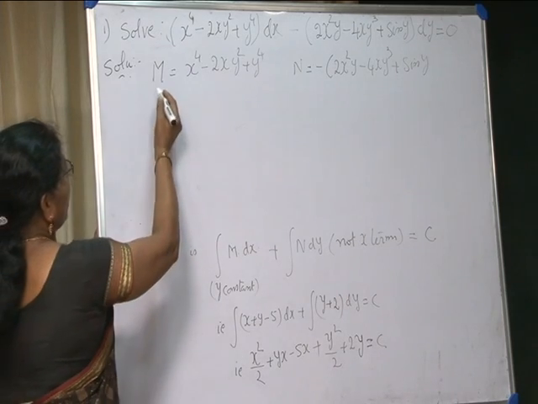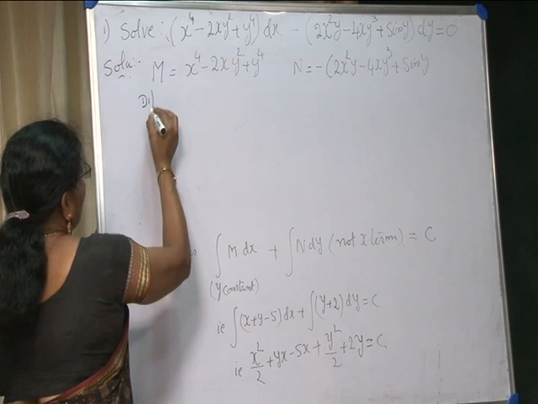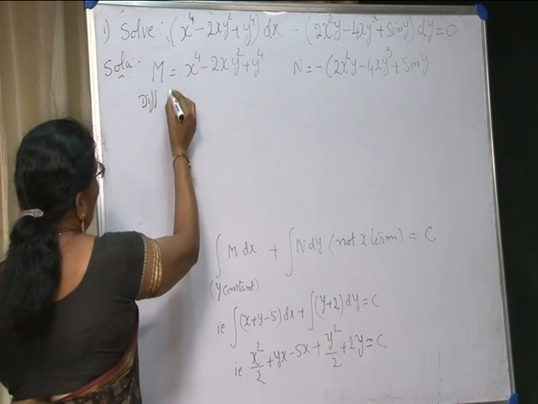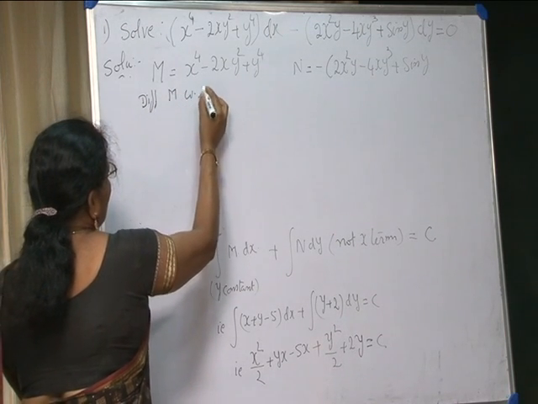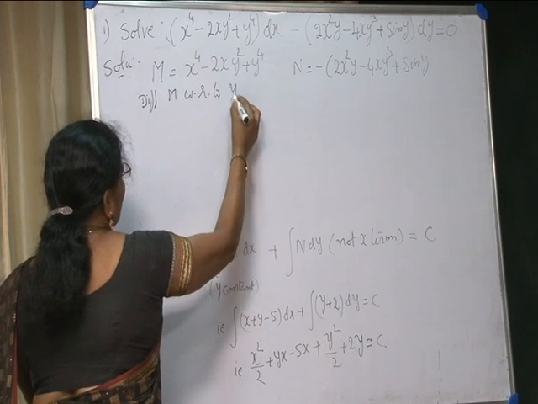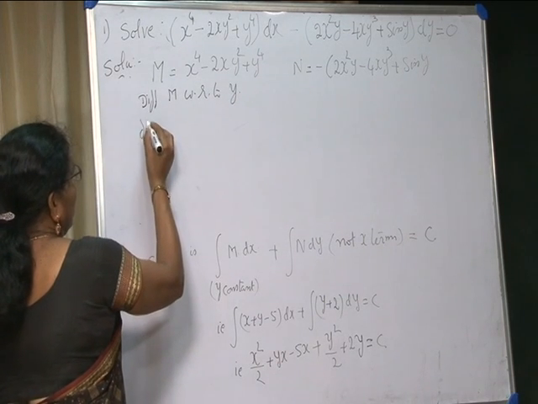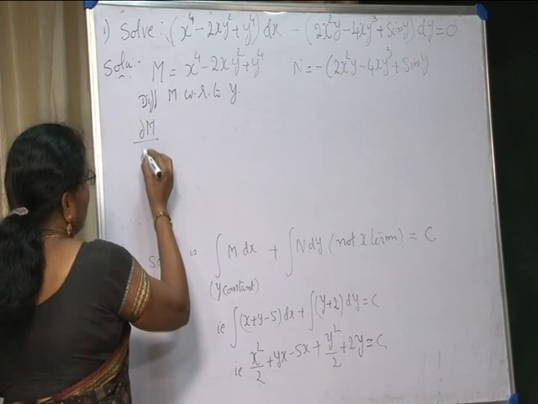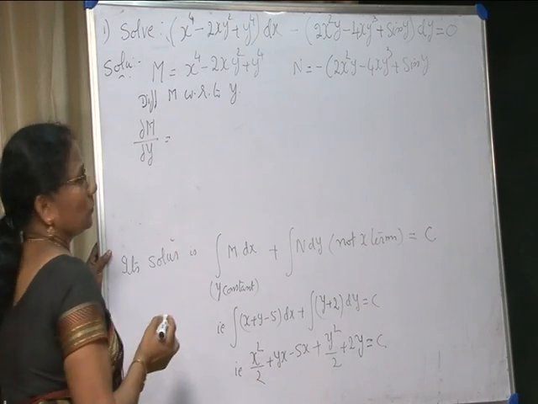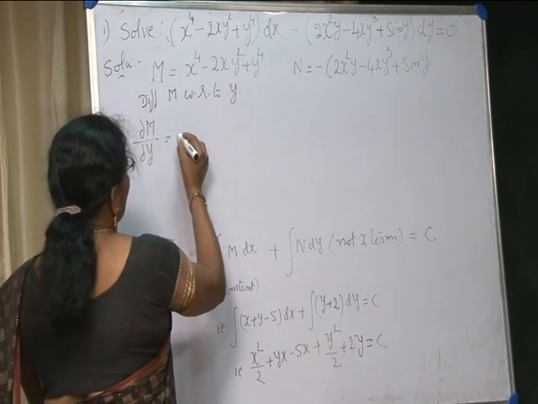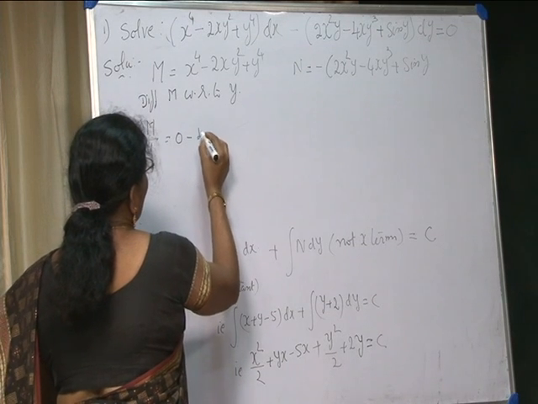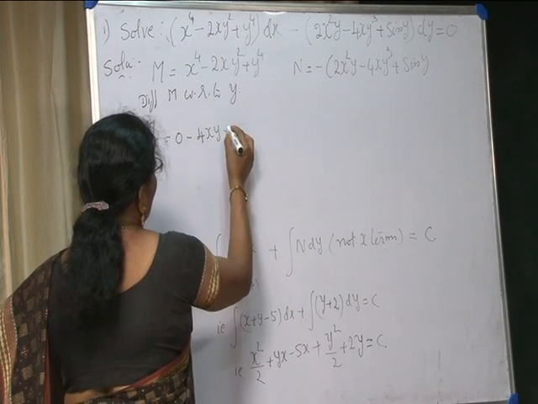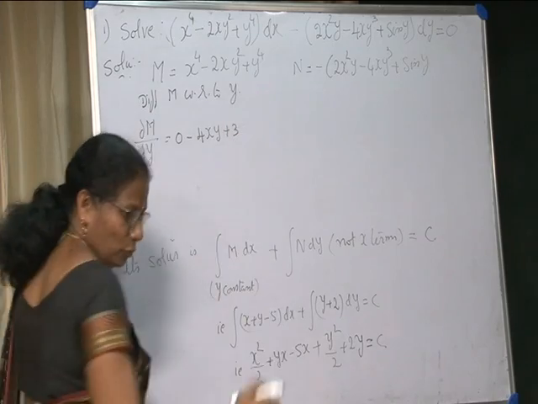So now you differentiate M with respect to y. Delta M by delta y is equal to, x is constant, 0 minus 4xy plus 4y cube.